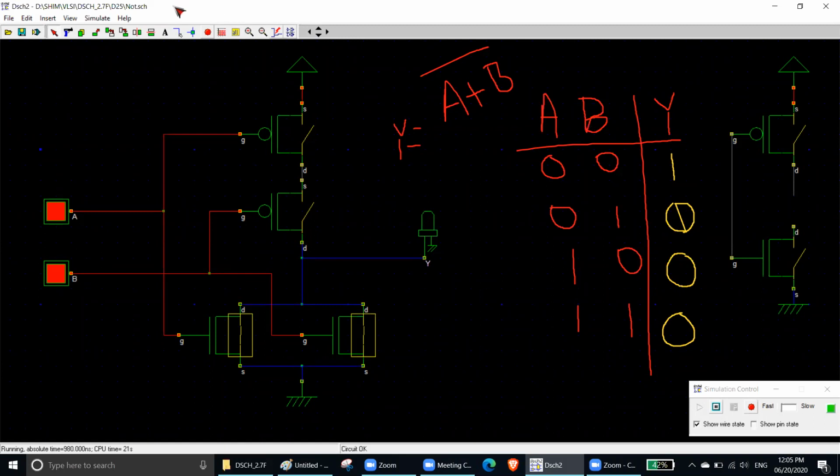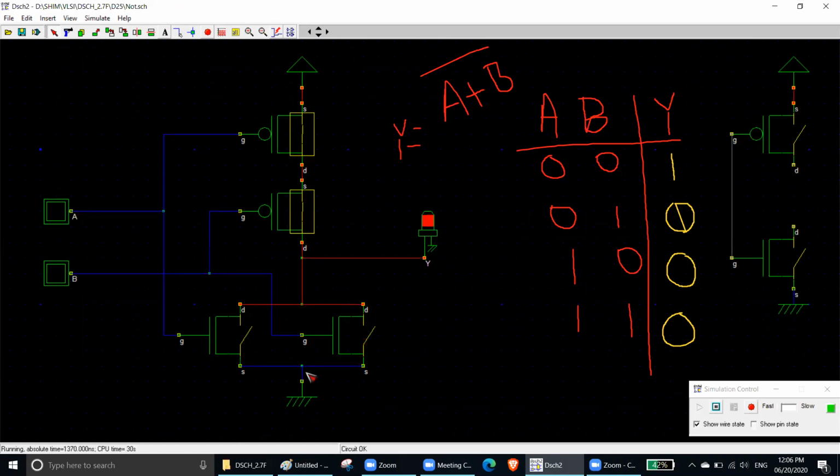Now, how does it actually work? When both inputs are 0, both of your NMOSes are off. That means your ground connection to the LED is off. No ground is connected.